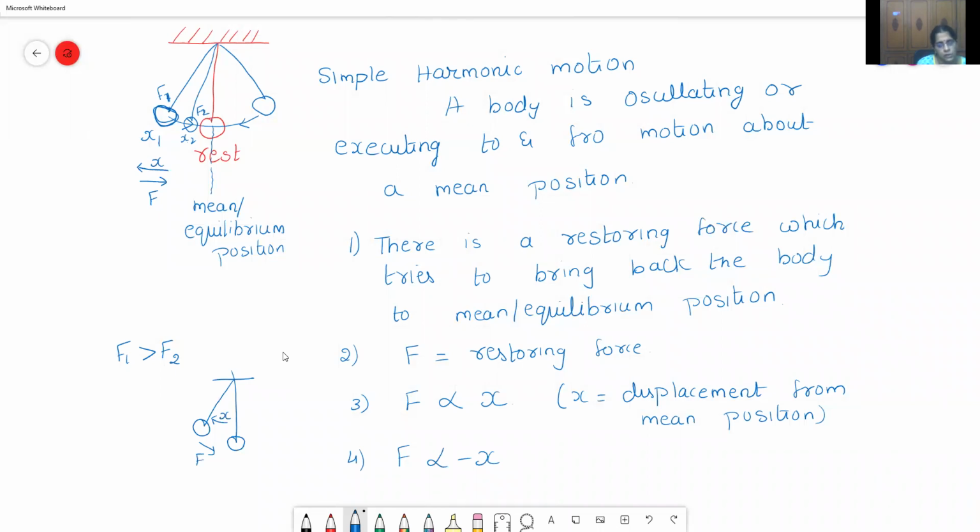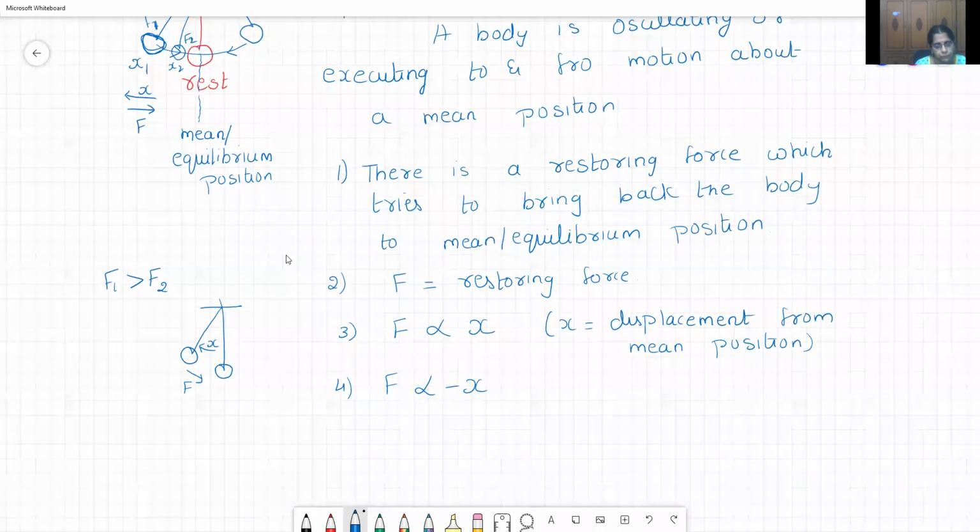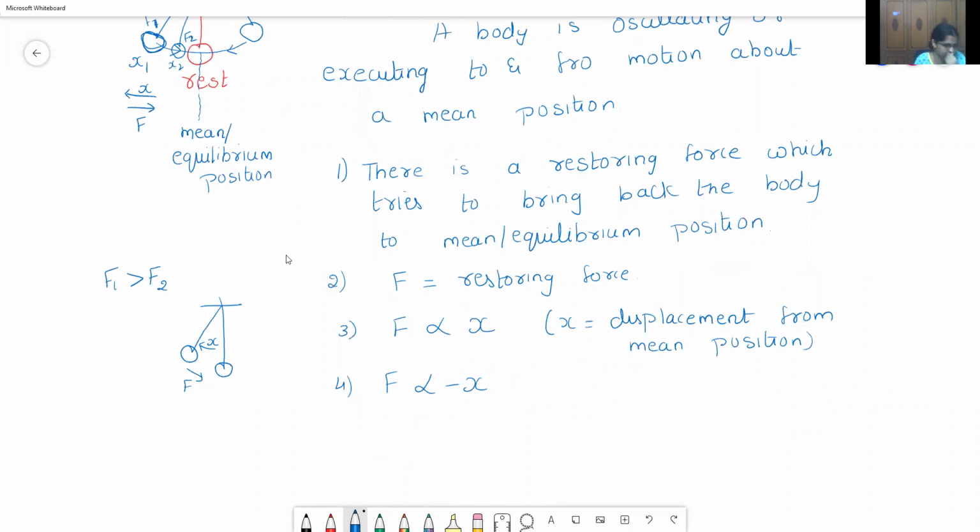So your restoring force is the negative of the displacement. Now I have a proportionality constant, and I am going to make it equal: F equals minus kx. K is going to be a proportionality constant. So this is about the SHM.